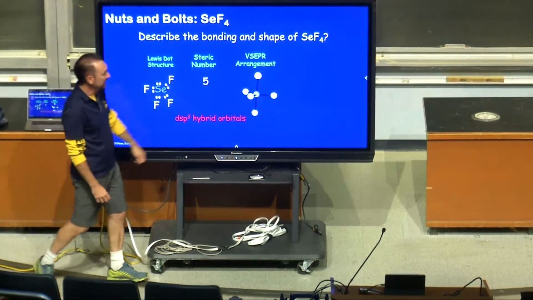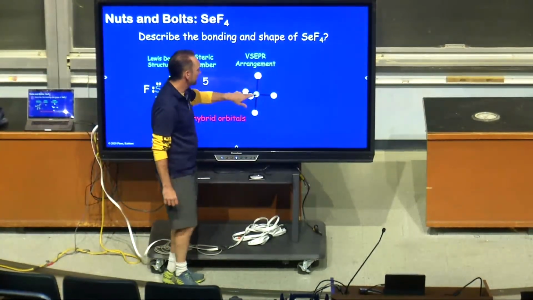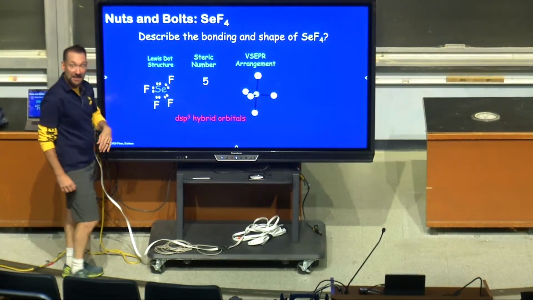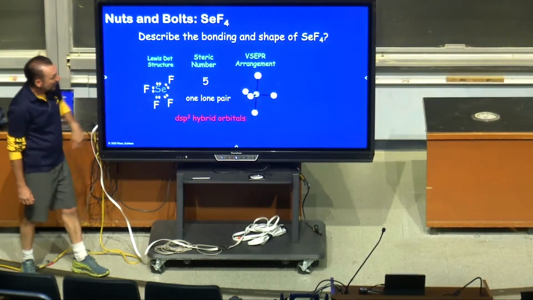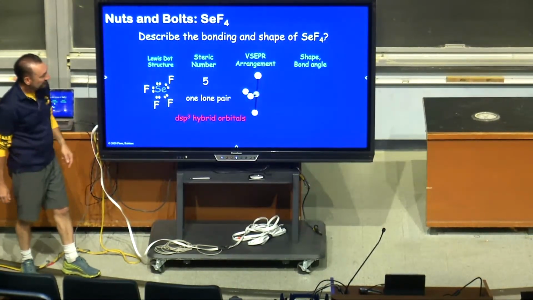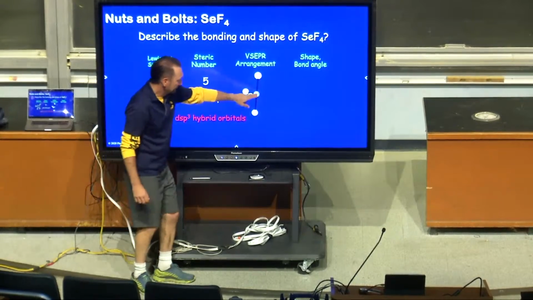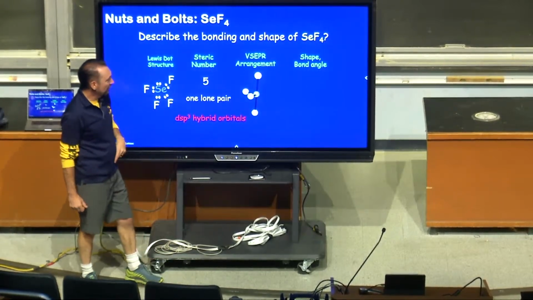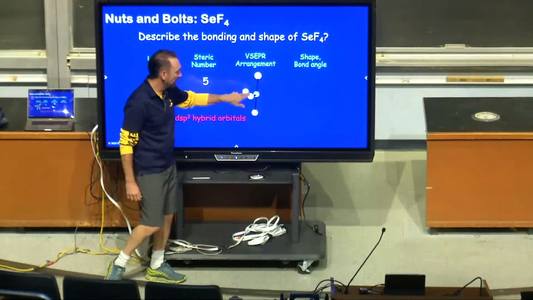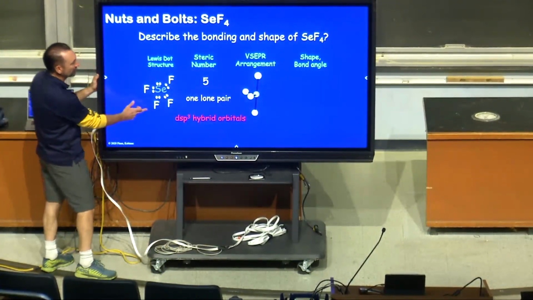The VSEPR arrangement is trigonal bipyramid. That's how each of the dsp3 orbitals are oriented. One of them contains a lone pair, so we put the lone pair there. If you've been studying this, we make this seesaw configuration when we have 1 lone pair on a trigonal bipyramid.